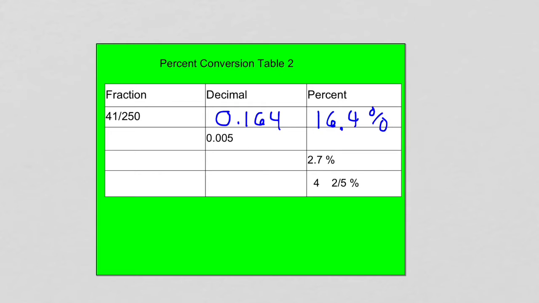All right, the next one, the decimal is 5 thousandths. So we're going to take that decimal, 5 thousandths, and we're going to make that decimal into a percent and a fraction.